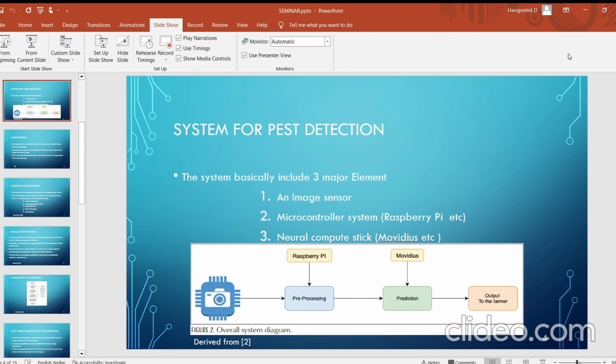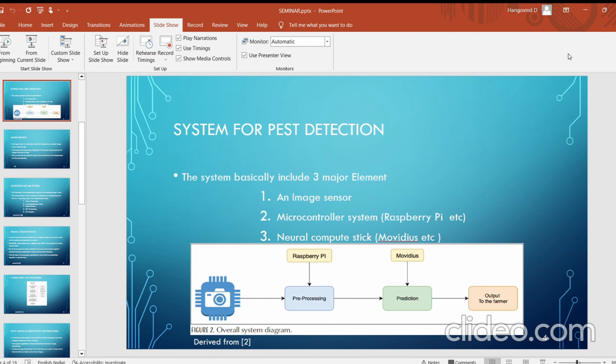For this we use certain deep neural network algorithms, with which we can predict and classify images from a real-time input.